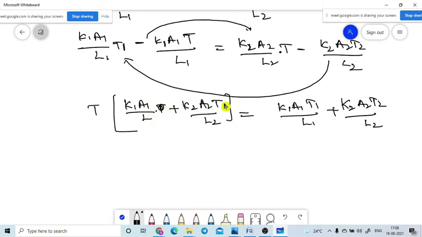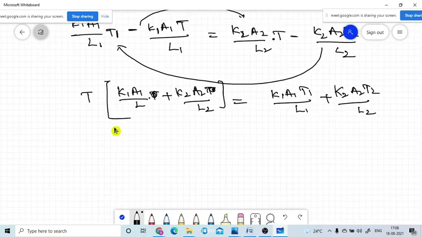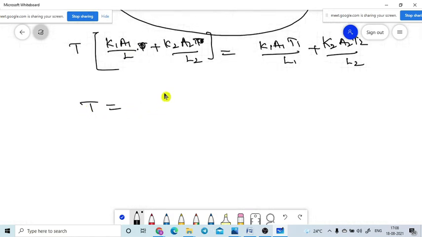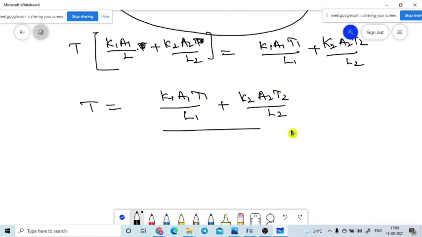That multiplication goes to the denominator as division. So T is equal to K1 A1 T1 divided by L1 plus K2 A2 T2 divided by L2, divided by K1 A1 divided by L1 plus K2 A2 divided by L2.